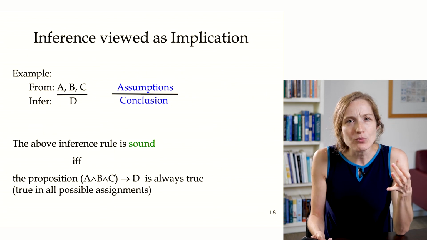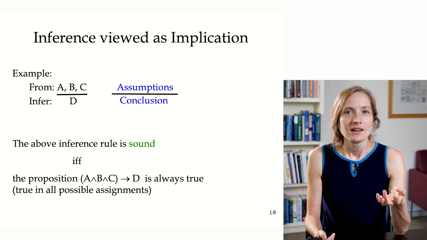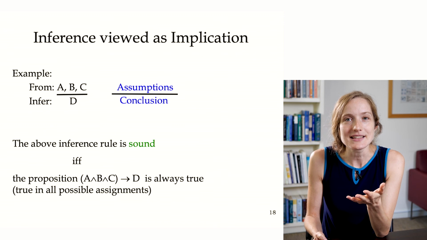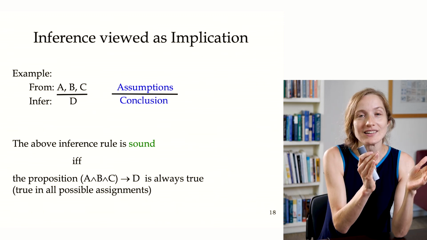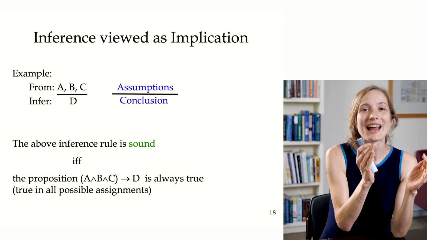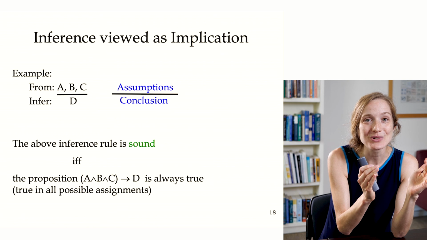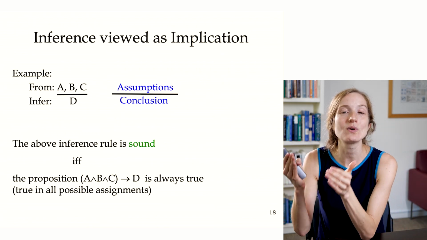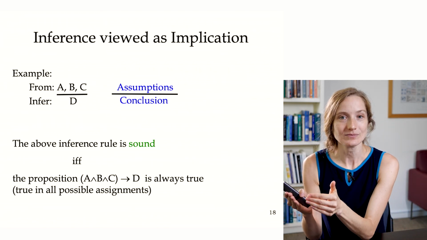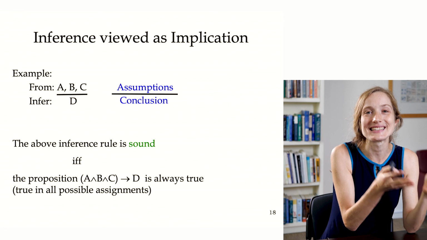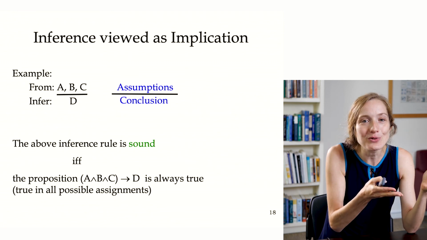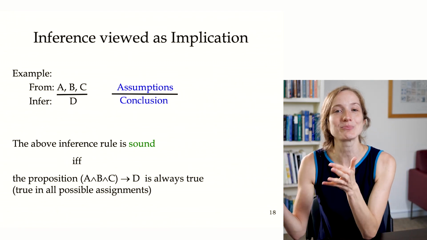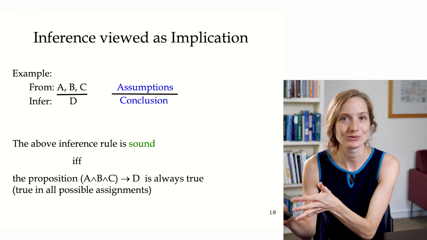And the intuition is that whenever A is true and B is true and C is true, then necessarily D should be true as well. So the inference rule being sound is another way of saying that this proposition always holds.